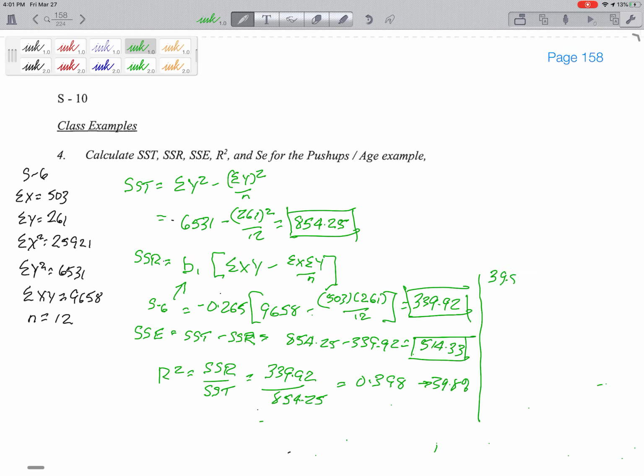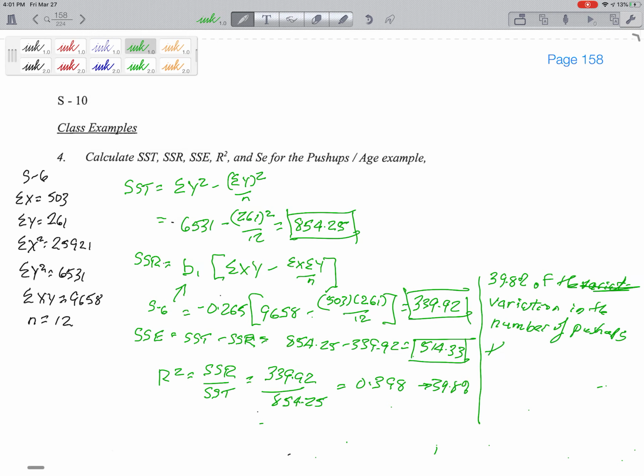We would say 39.8% of the variation in the number of push-ups that a person can do is explained by their age.